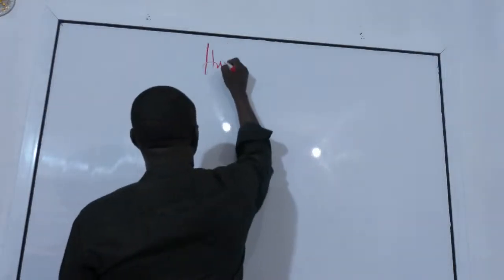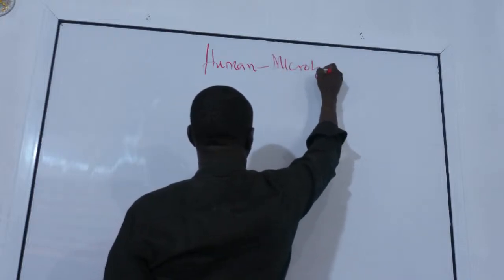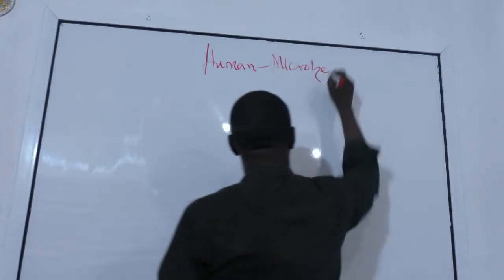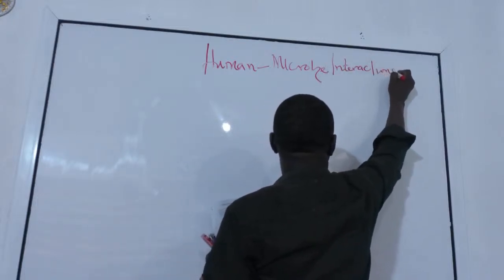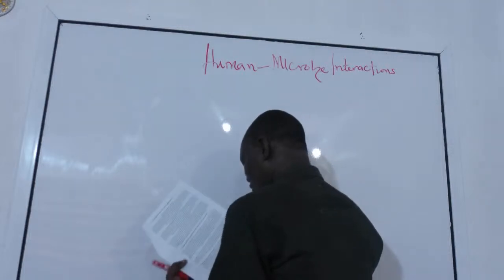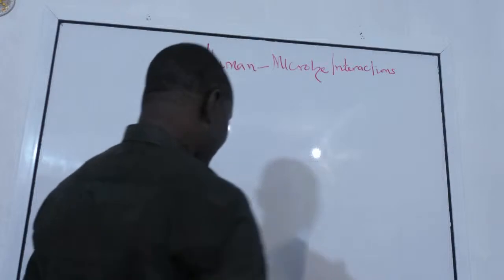I have told you that we are going to continue looking at human microbe interaction. We want to look at the key roles human microbe interactions play in human health.